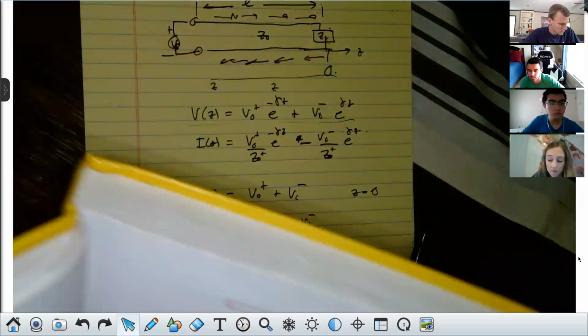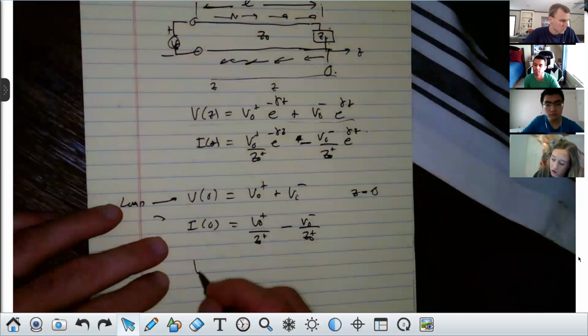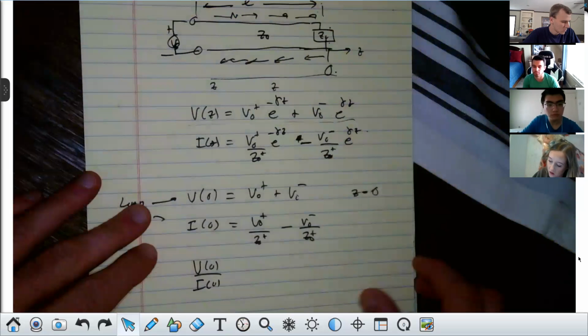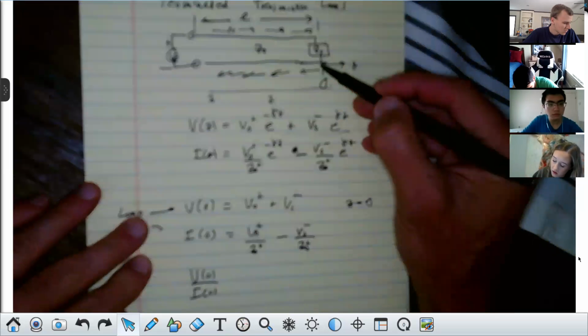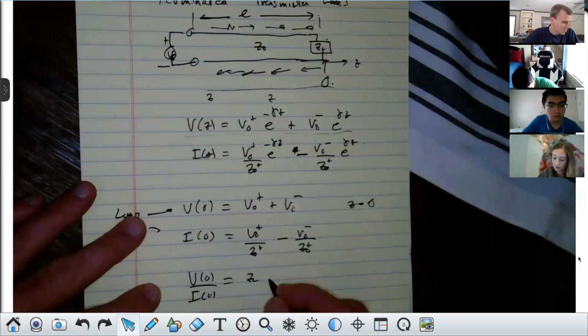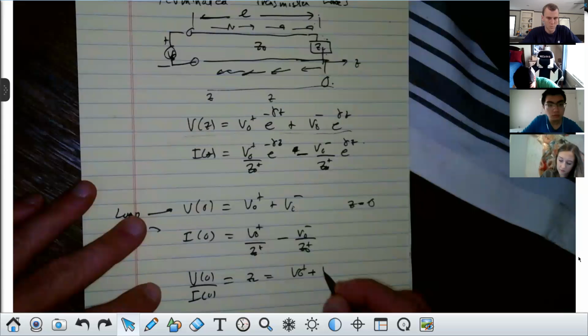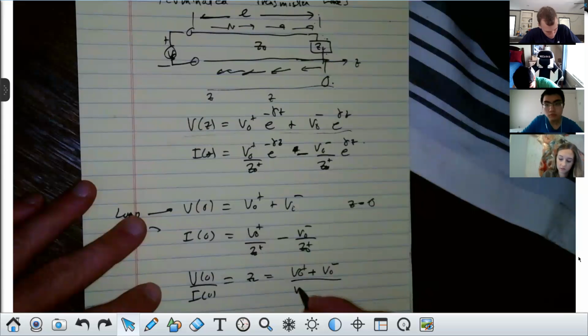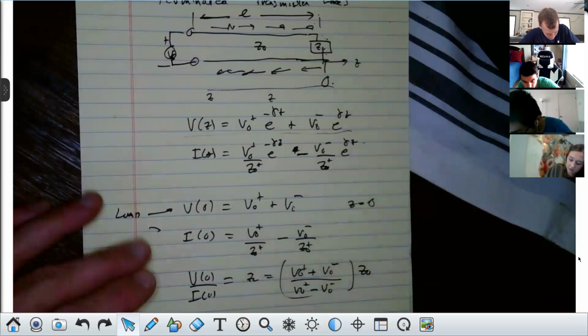So if we take the ratio of V0 to I0, by definition, what you're doing is taking the voltage and current relationships right across the load, right? And that has to be equal to the load impedance, ZL. So ZL would be V0 plus V0 minus over V0 plus minus V0 minus, this whole quantity times Z0, because you have 1 over Z0 there. And that would be ZL.